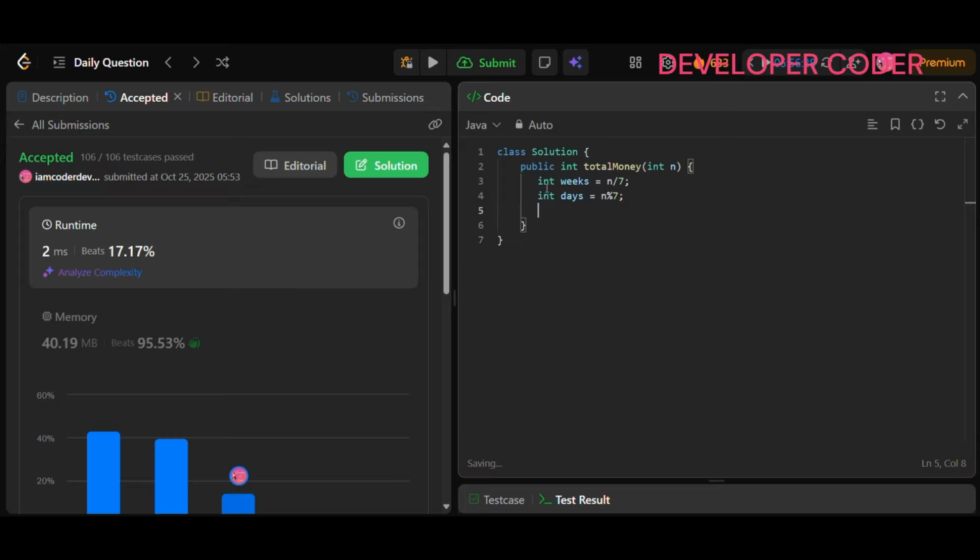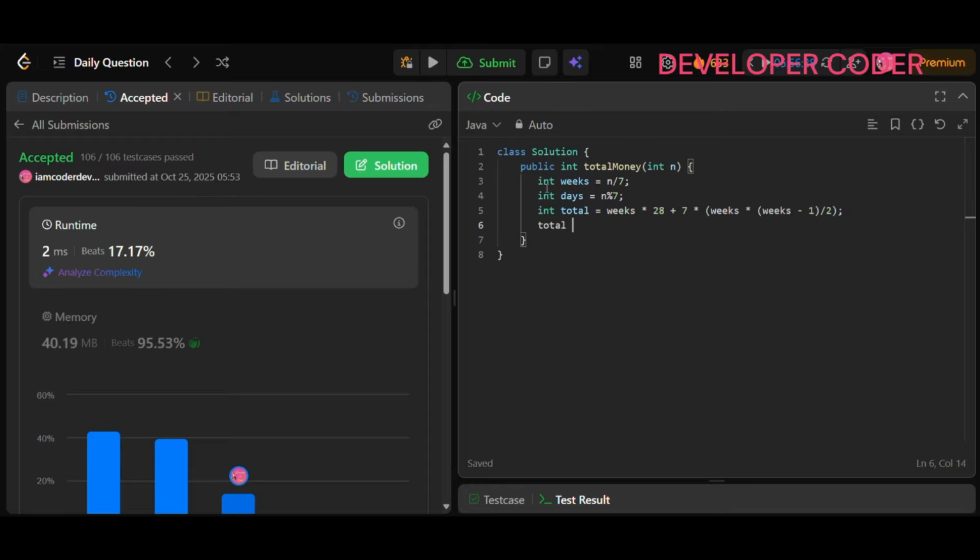Then we have to calculate the total from full weeks. So int total is the formula that I have derived: weeks into 28 plus 7 into weeks into weeks minus 1, divided by 2.